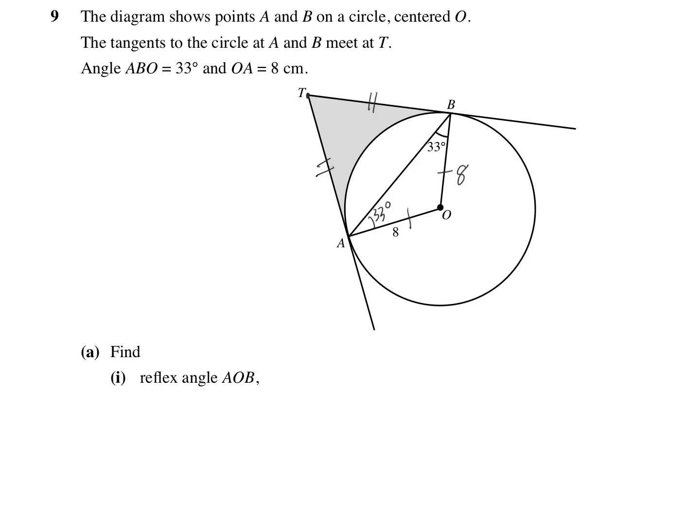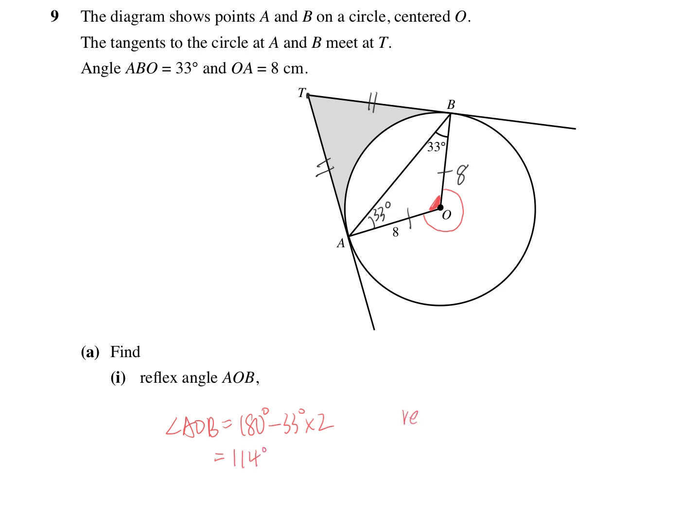Then they say, can you find the reflex of the angle AOB? That means instead of the angle inside, they want the angle outside. Find inside first, right? So go and find inside first. So angle AOB is 180 minus the 33 times 2, which is 114.